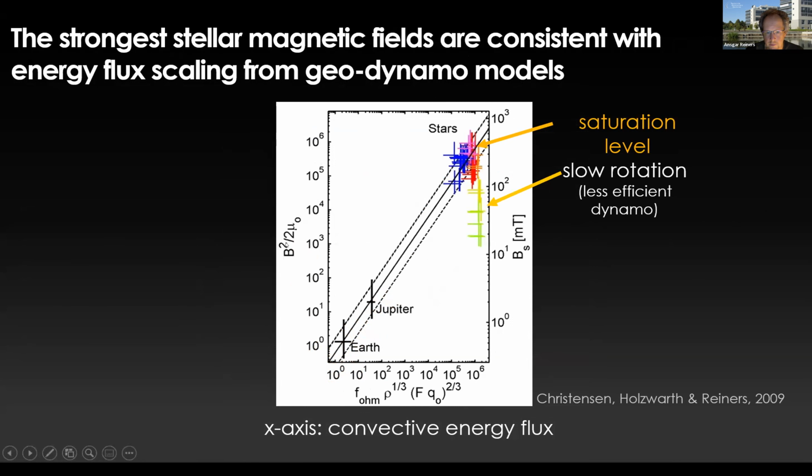And if you compare that to the measurements of the field and of the total magnetic energy we see in different objects, you can make the point that there's a proportionality, and this proportionality is valid for planets of the solar system, for rapidly rotating planets, and also for the saturated stars. And so this is the model that we chose for the kinetic field strength limit.